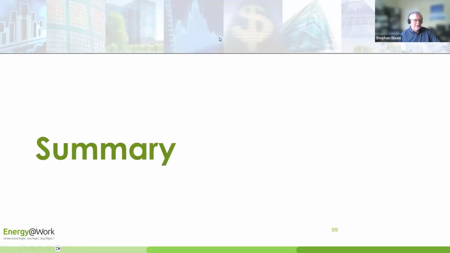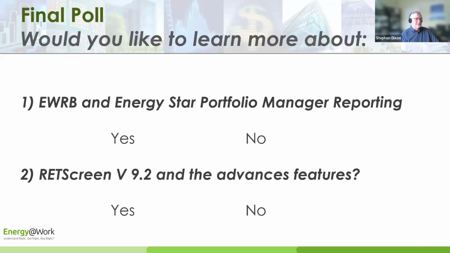Oh, we had another poll? Sorry, I didn't realize that. Let's go back up here. This one here. This is more information for Enercan and EW and CMRIO. Is there more information needed on EWRB Energy Star Portfolio Manager? Did you get what you needed? And then looking at RETScreen 9.2 and the advanced features, are you satisfied with both of those topics?